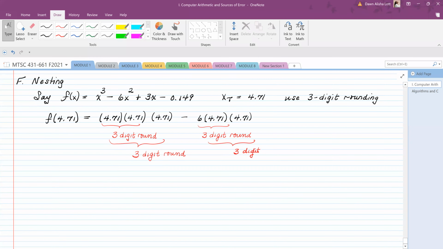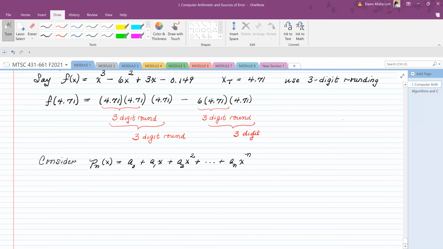So here is a nested polynomial. Let's consider Pn of x, which is a naught plus a1x plus a2x squared all the way up to an x to the n.